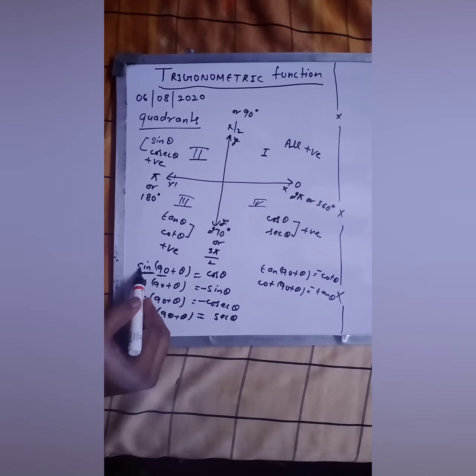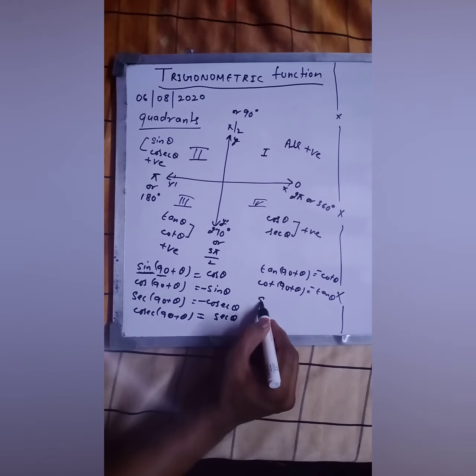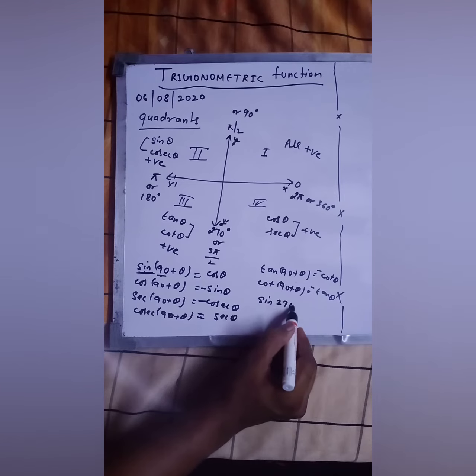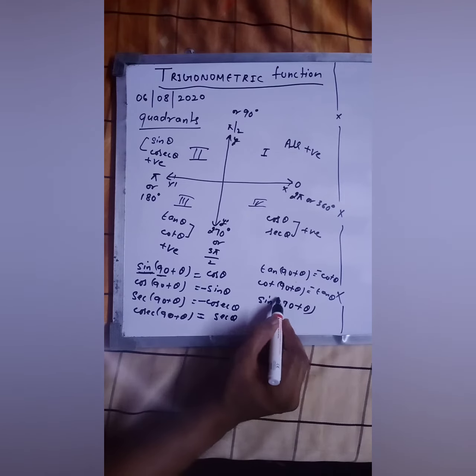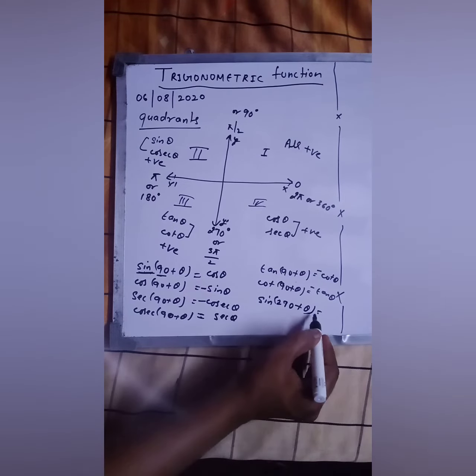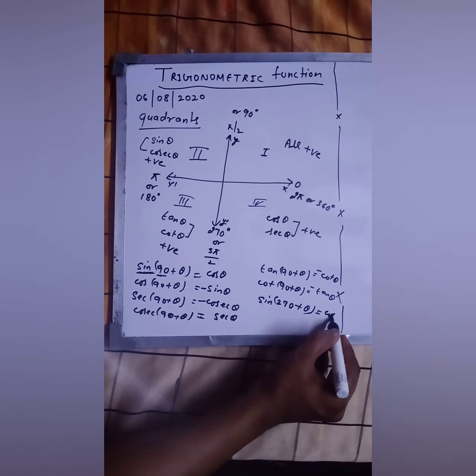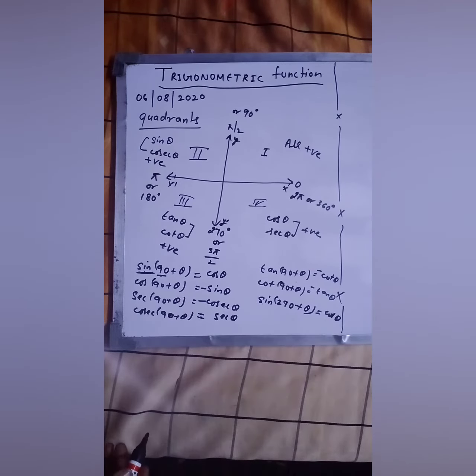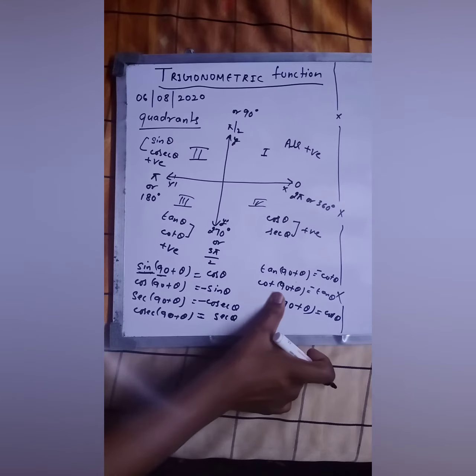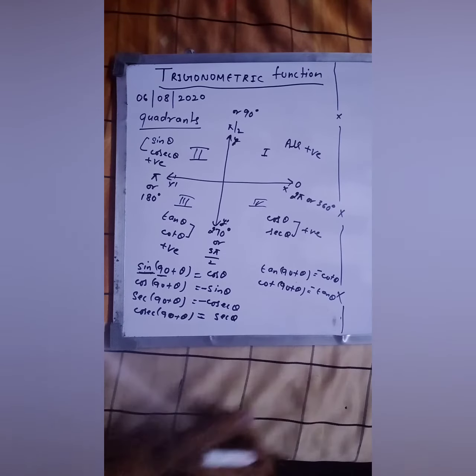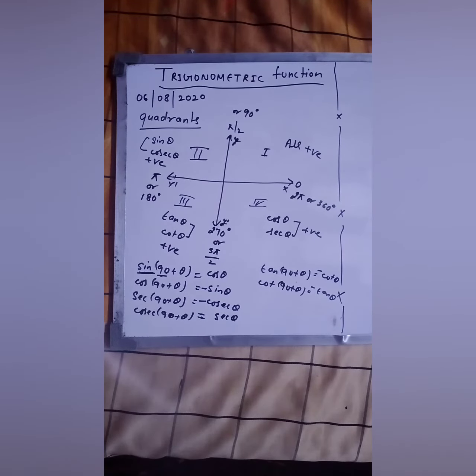Suppose it is sine 270 plus theta, then you have to change this function into cos theta. Is it clear? I will do it. Wait. Now this is clear. Okay.